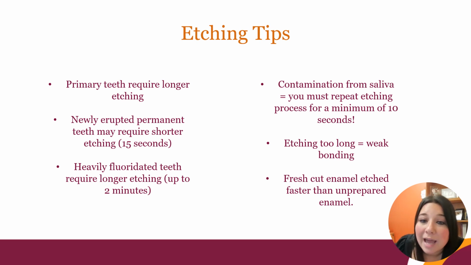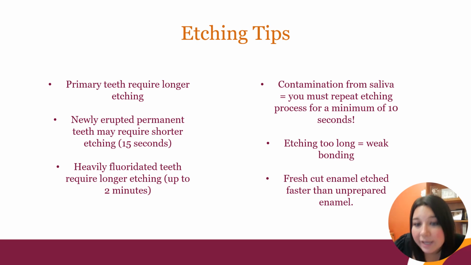Contamination from your saliva means that we have to repeat that etching process. Say that we did the etching for 30 seconds and the patient goes to swallow, we only need to repeat the etching for about 10 seconds, just enough to clear that saliva debris out of the tubules.